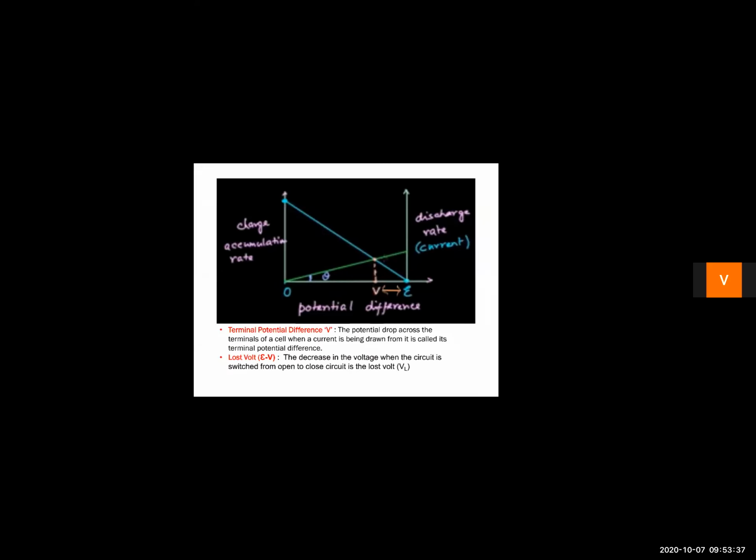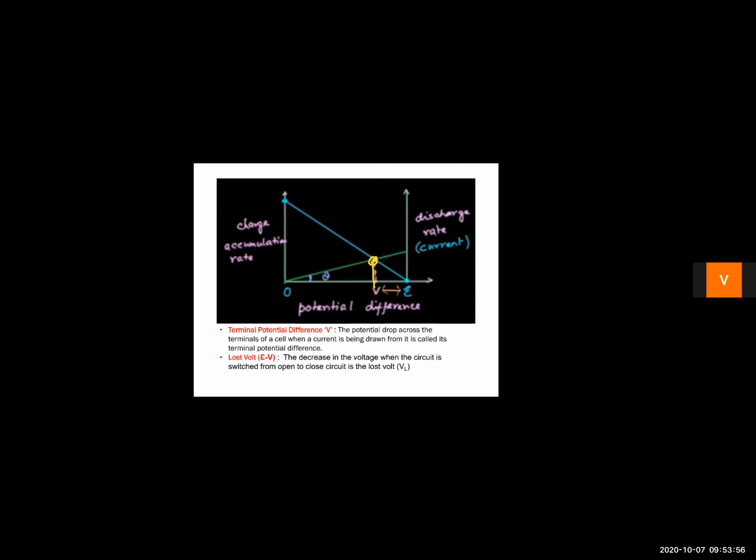So at this point V, ये जो पॉइंट V है जहाँ पे दोनों के रेट, that is charging rate and discharging rate of charge, is equal, at that point the potential is your terminal potential difference, right?